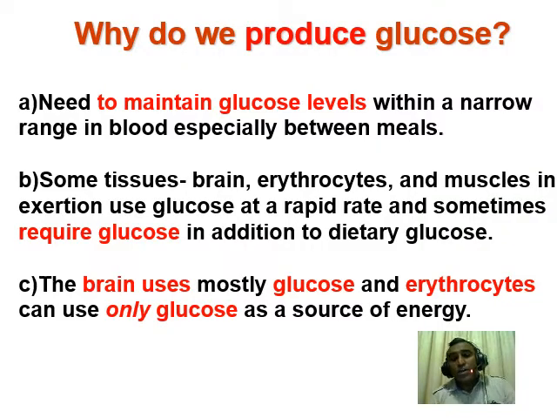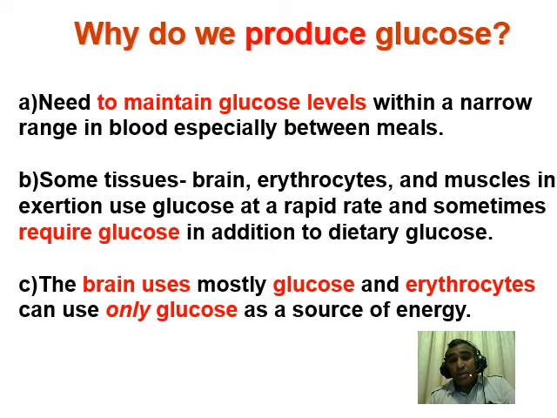So now we answer this question: why do we produce glucose in our body? Is there a need to make glucose from scratch, de novo, rather than relying on diet itself, or rather than relying on glycogen that is stored in our body?